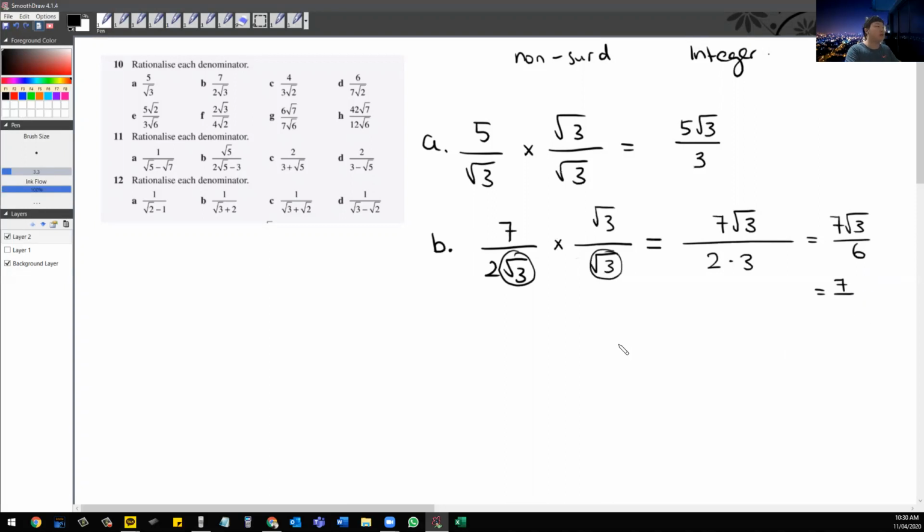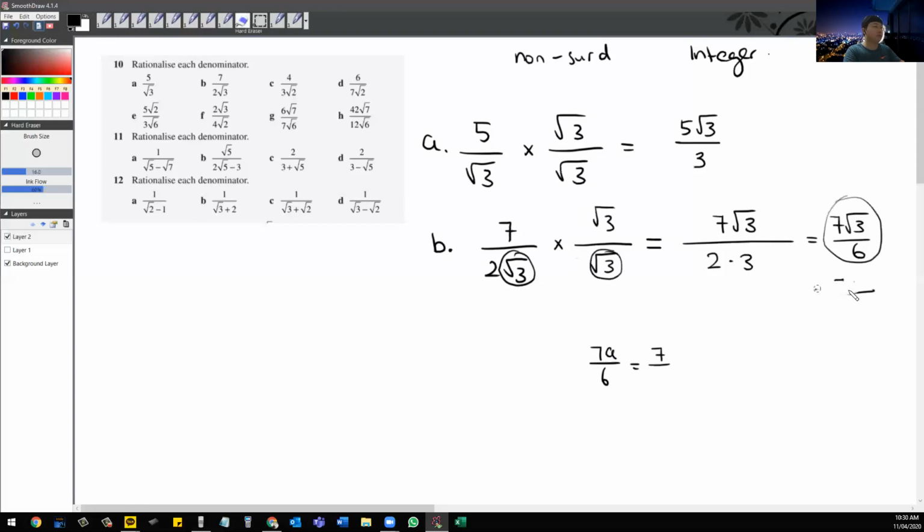Whether it's on the numerator or outside, they're the same thing. So technically it's not wrong, but no one writes it like that. Stick to this one.